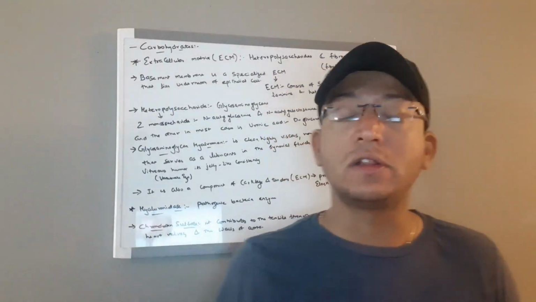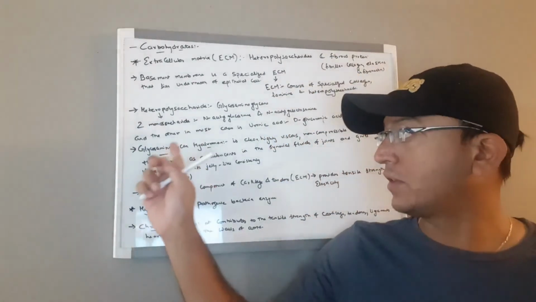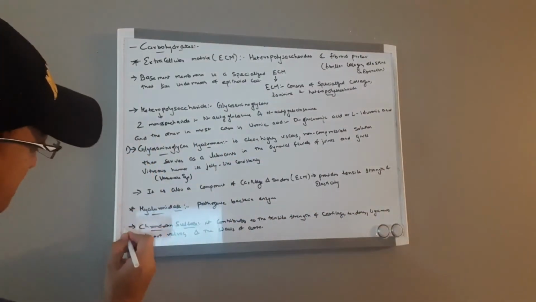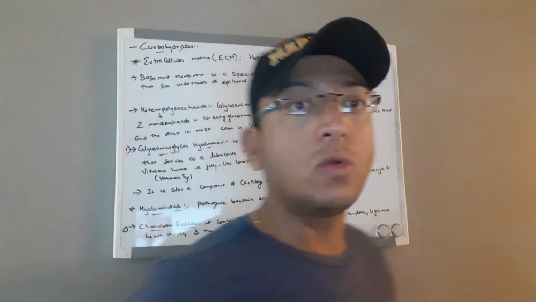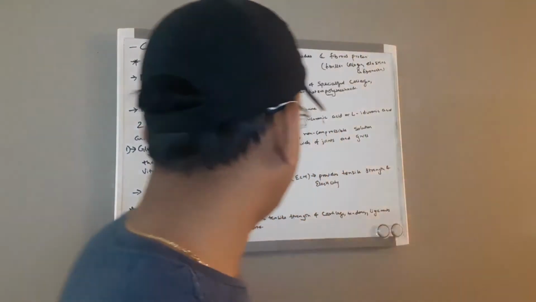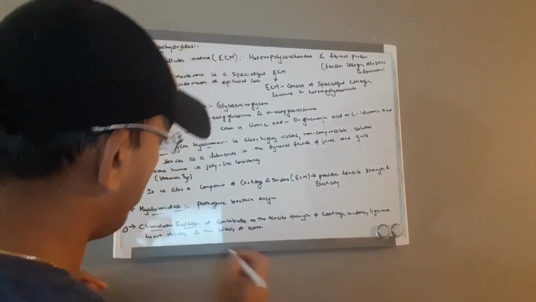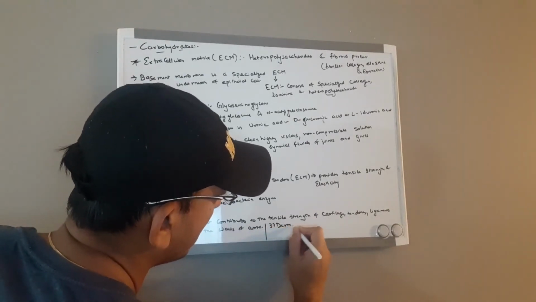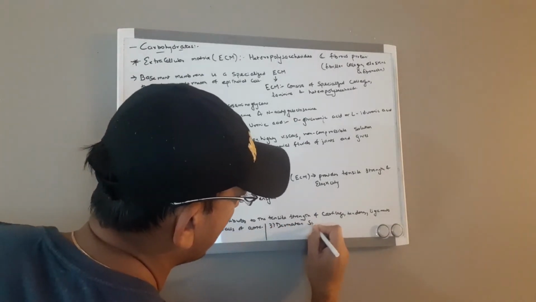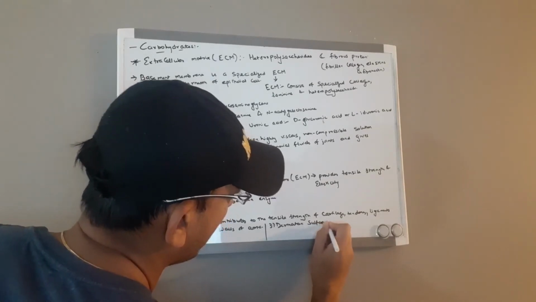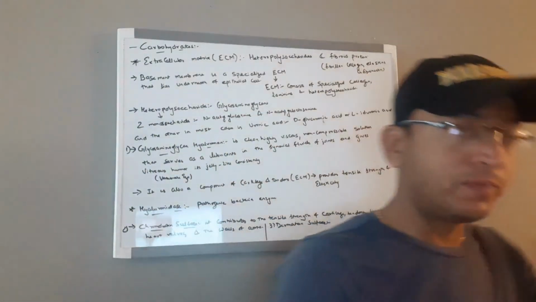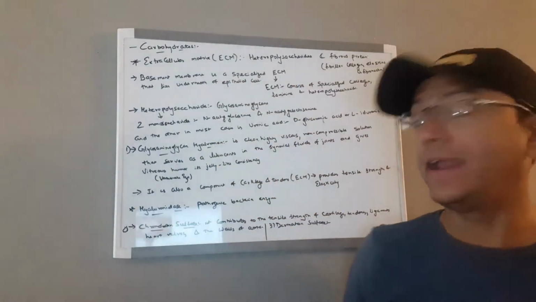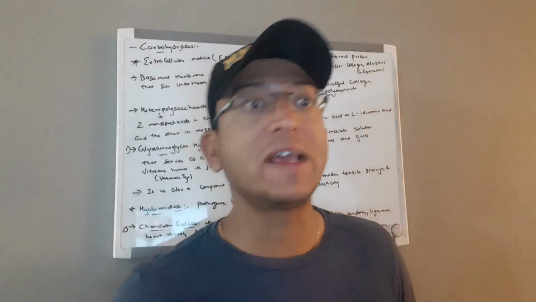There is another as well. This is first, this is second, and there is a third one as well. That is dermatan sulfate. So this contributes to the pliability of the skin and is also present in the blood vessels and heart valves.